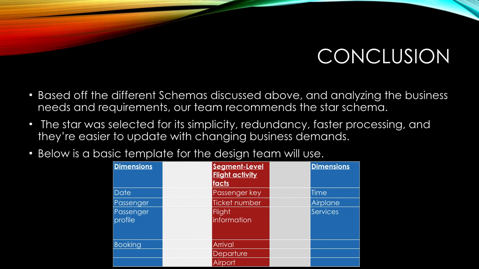So with this, at the bottom here, you can see the facts are listed in the red column. You can have passenger key, ticket number, flight information, arrival, departure, airport, and then different dimension recommendations off to the left and right. Date, passenger profile, booking, time, airplane, services, etc. So this will be the framework as we continue and move forward.